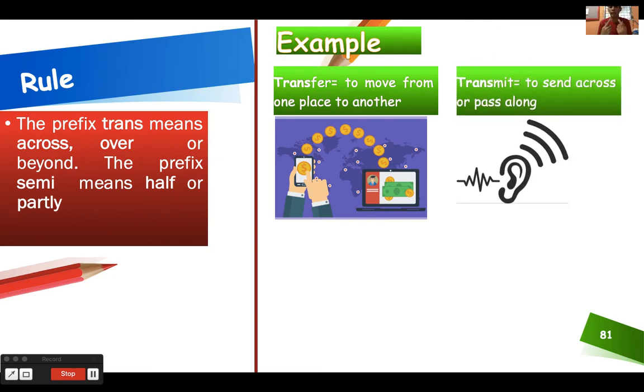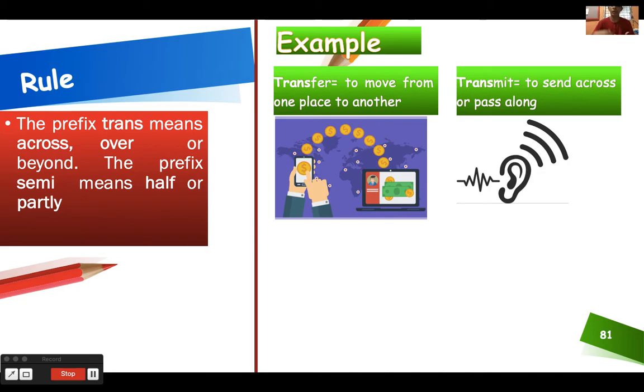Transmit: as an example right now, I am transmitting to you, to send across or pass along. I am transmitting a message to you. I am transmitting a class, okay? That means transmit. We are using the prefix trans, which means across, over, or beyond.